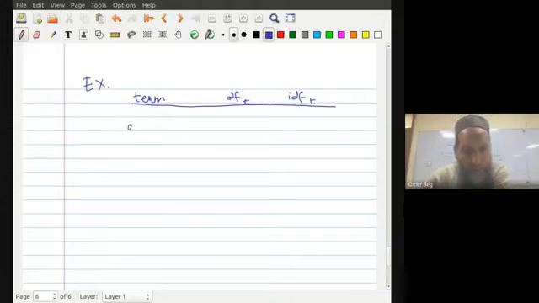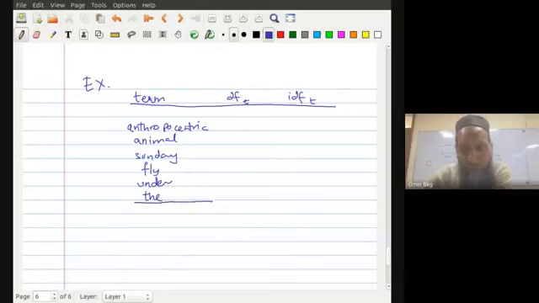So given different terms such as anthropocentric, and let me give you some other terms. Animal, a very common term. Sunday, fly, under, and then an example of a stop word, the most common stop word is the.